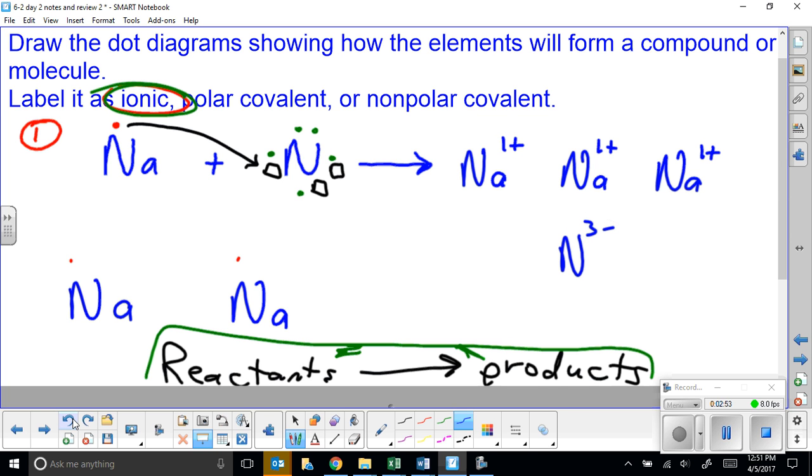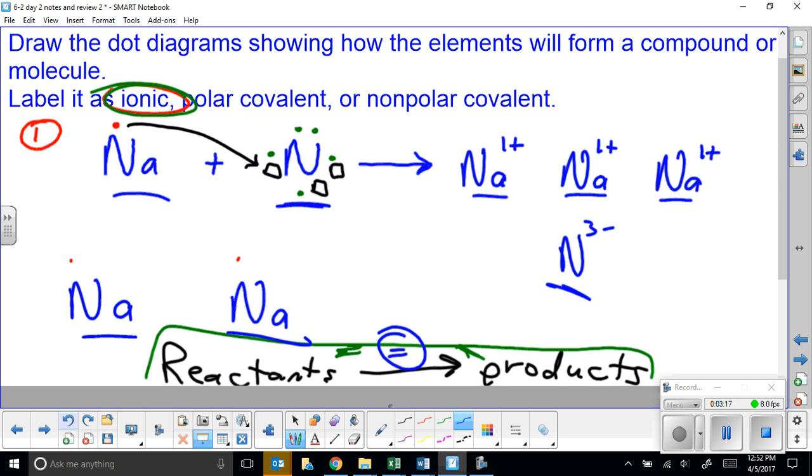The reactants' mass has to equal the products' mass. That's the law of conservation of mass. So in other words, if I've got 1, 2, 3 sodiums on the left side of the equation, I need to have 1, 2, 3 sodiums on the right side of the equation. And if I've got 1 nitrogen on the left side, I need 1 nitrogen on the right side.